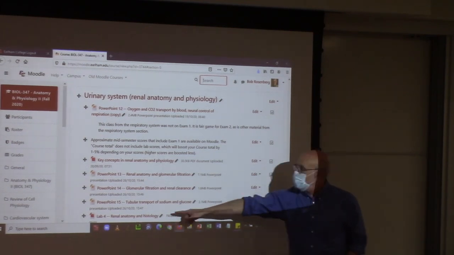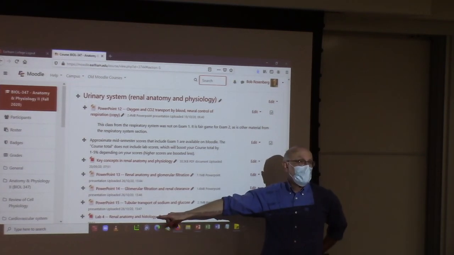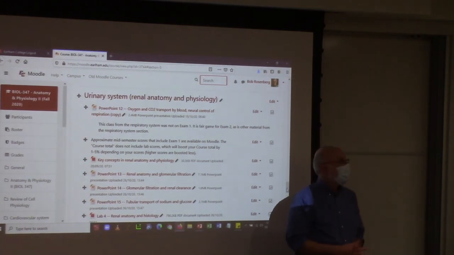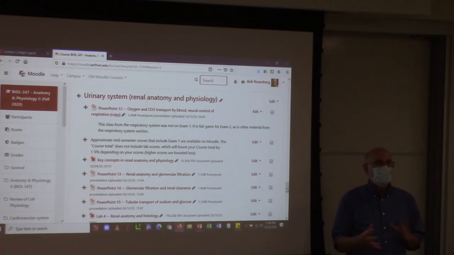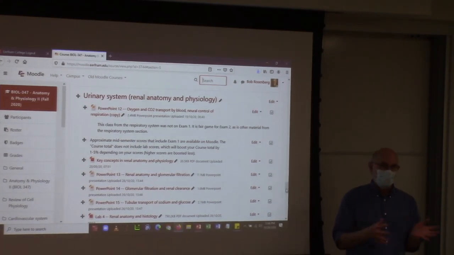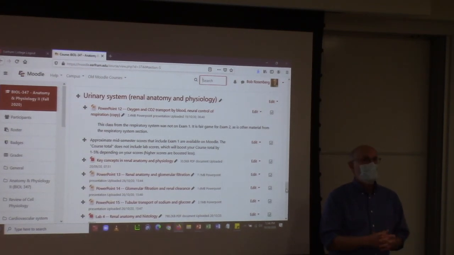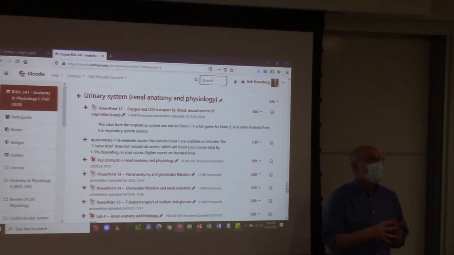In lab this week, we will be doing some pig kidney dissection. We will be looking at some microscopic pictures from microscopes that show you the histology, the cell structure of the kidney. So we'll be doing that in lab.